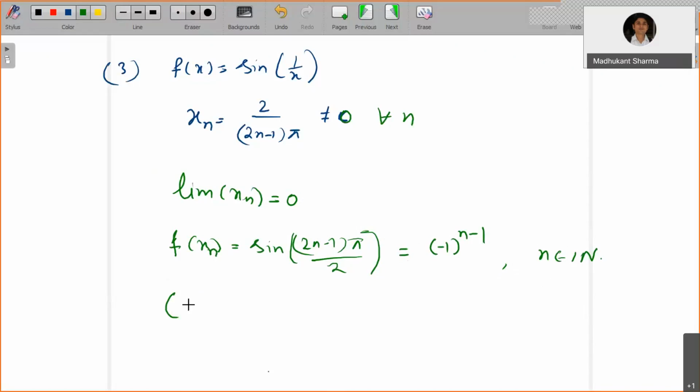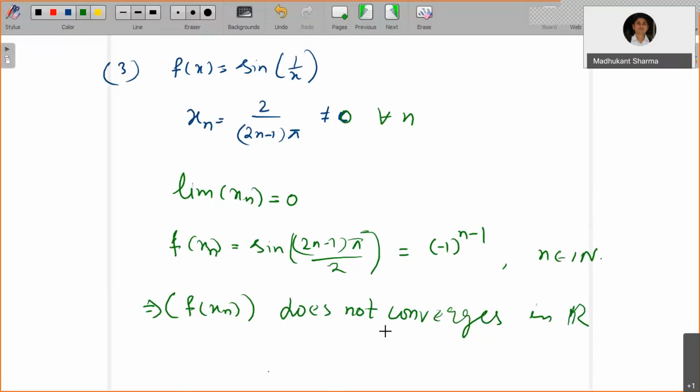But that sequence f of xn does not converge. Therefore, this implies the limit as x tends to 0 of sine of 1 by x does not exist.